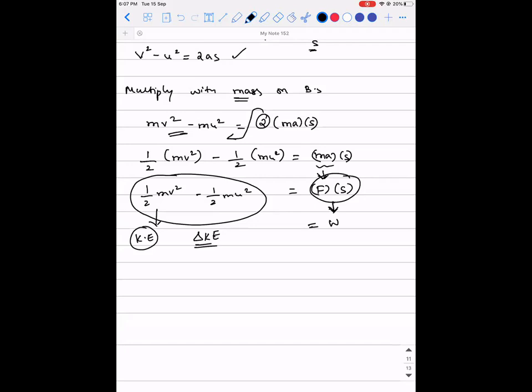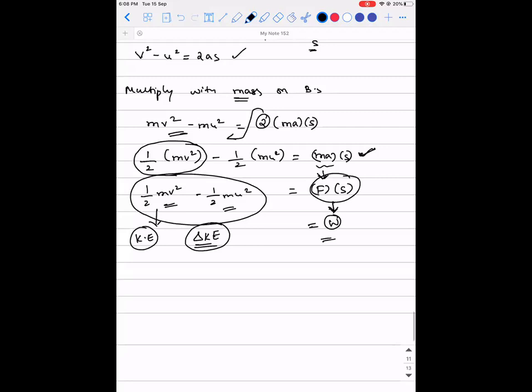So what actually has happened is, when you're doing this kind of a rearrangement, it was observed that there was a physical quantity which is termed as half mv square that is coming into picture. If you are able to define a parameter half mv square, then that half mv square is what is called as kinetic energy, and half mv square minus half mu square is called as the change in kinetic energy, and this is going to be the amount of work done. You're able to understand how the derivation of kinetic energy has actually come. Yes, sir.